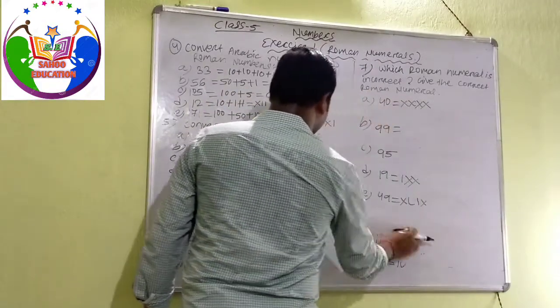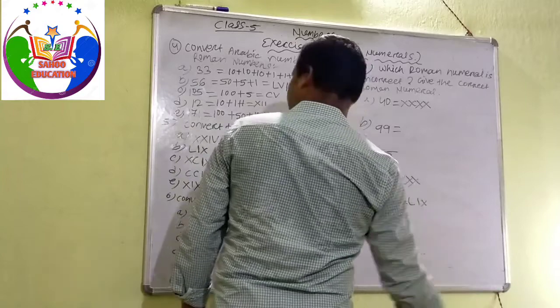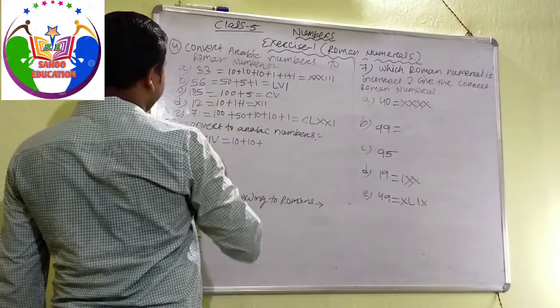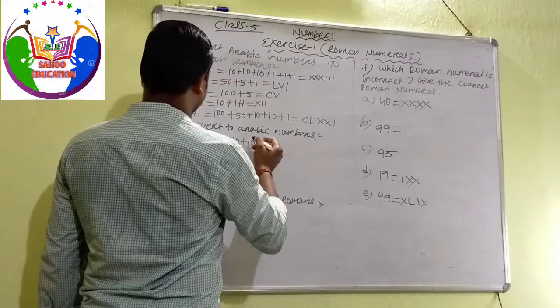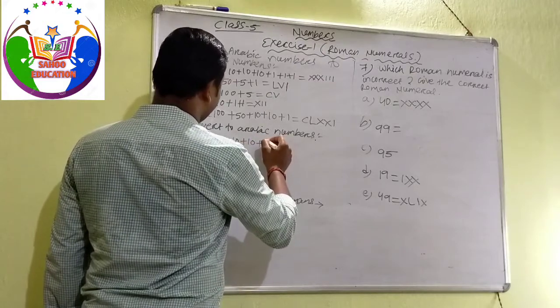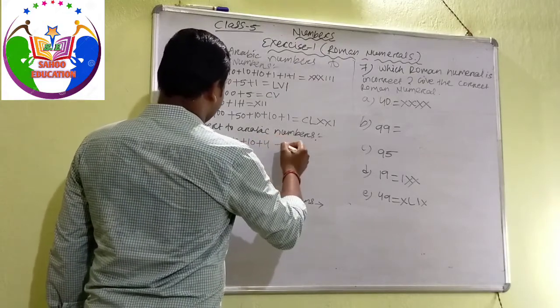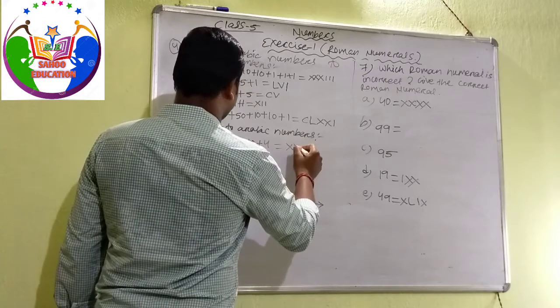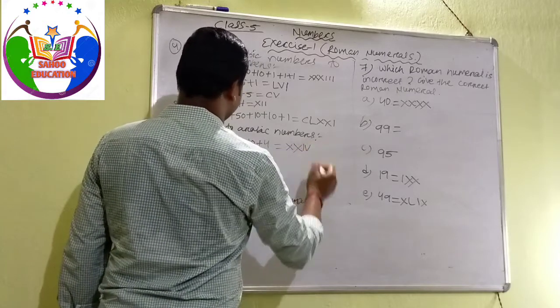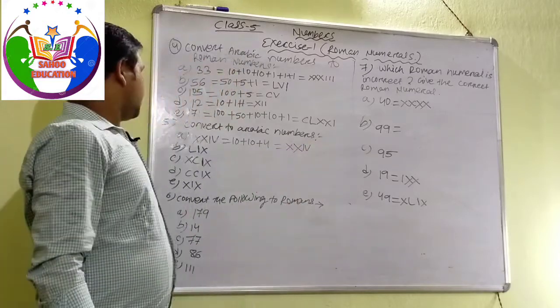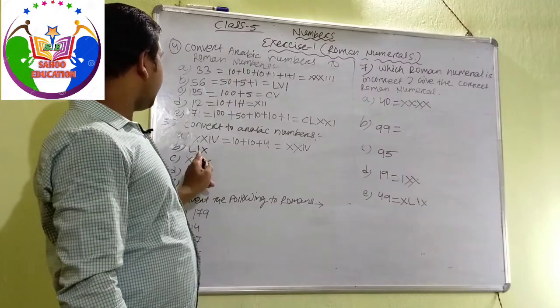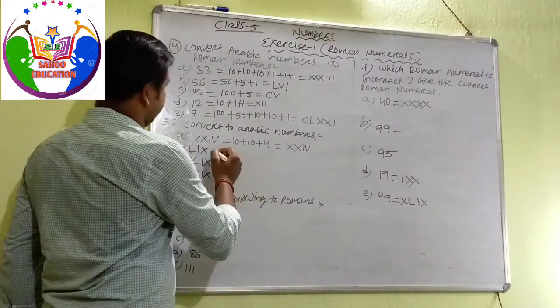Given XXIV. So IV is 4, so we write 24 for XXIV. Similarly, here given LIX.